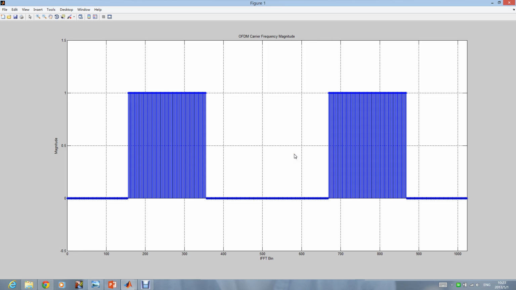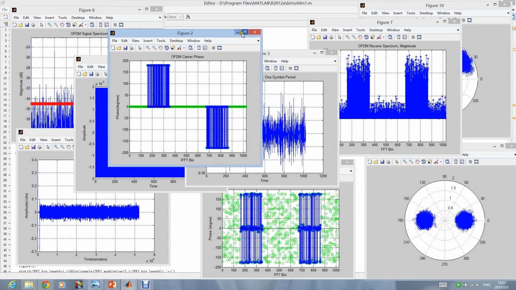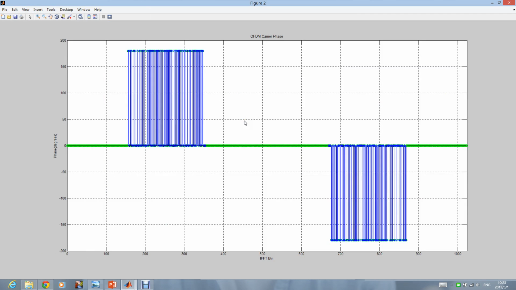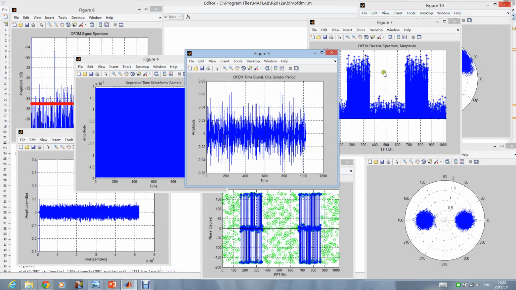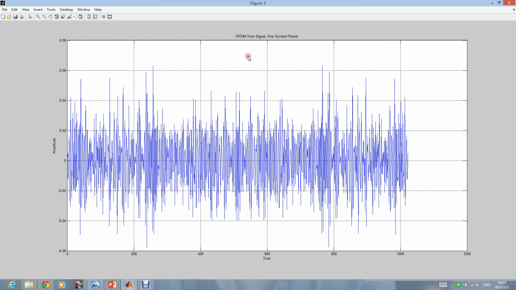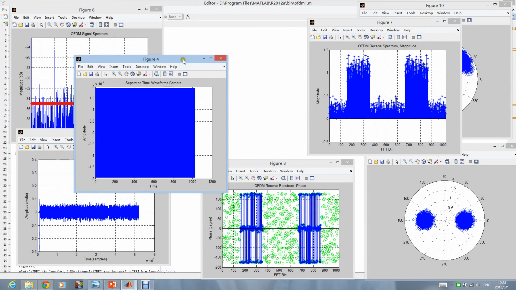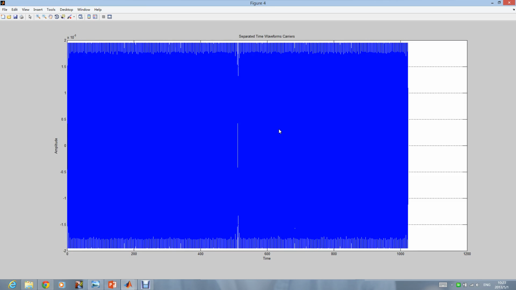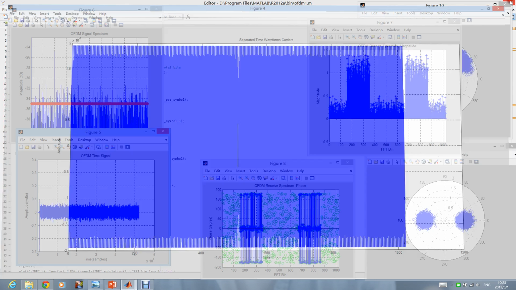Here we can see the OFDM carrier frequency magnitude. And the second image is the OFDM carrier phase. We have the third image here, which is the OFDM time signal in one sample period. The fourth image here is the separated time waveform carriers.